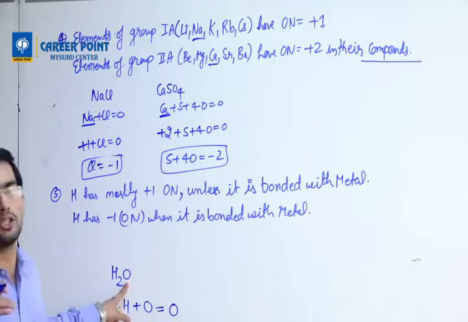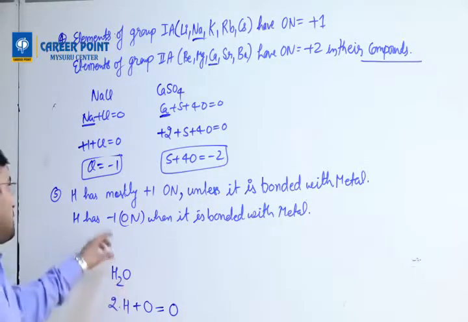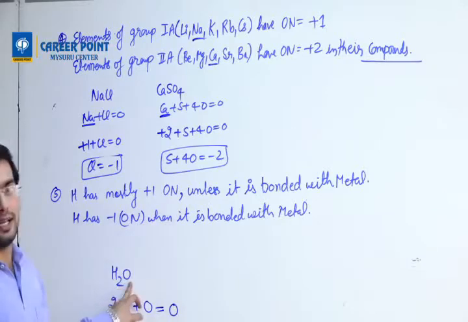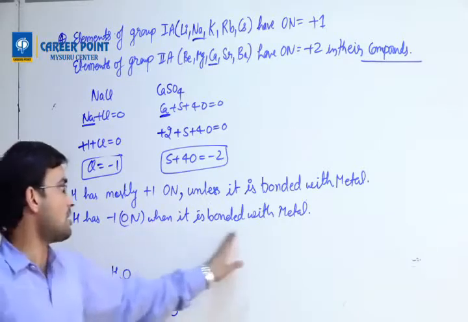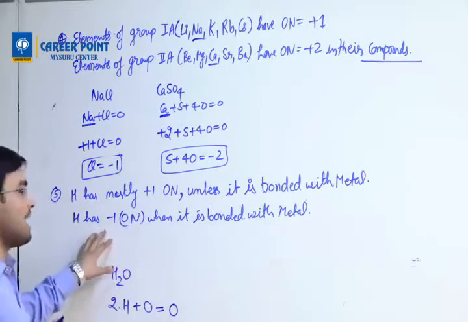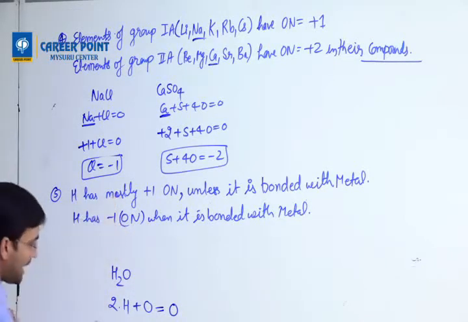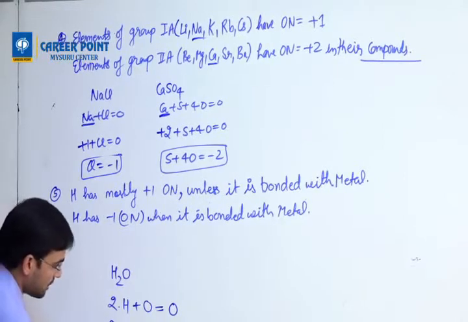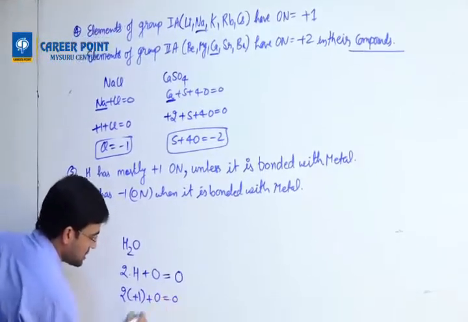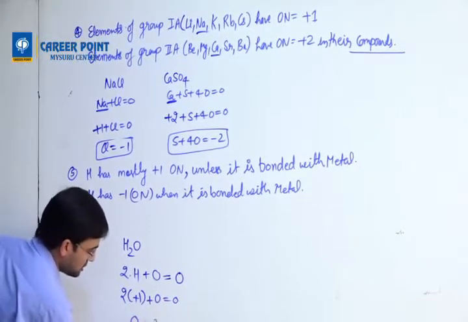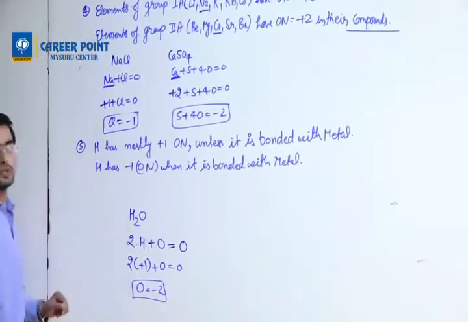Oxygen is a non-metal. So, is it bonded with metal? No. It is not bonded with metal. So, this line is not true. Then which line is true? This line is true. Then hydrogen is +1 plus oxygen equals 0. So, oxygen equals -2.